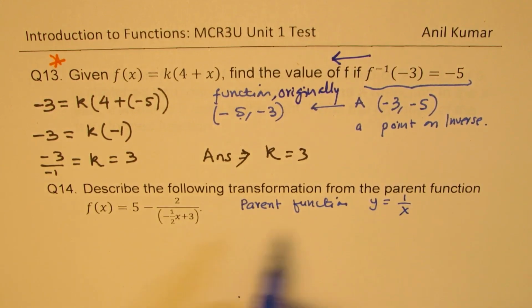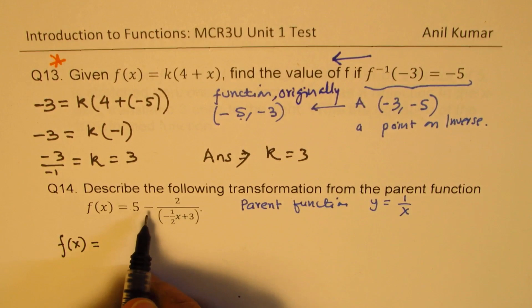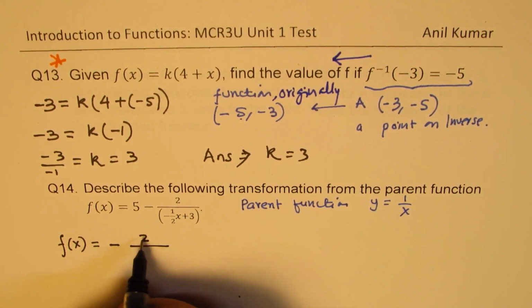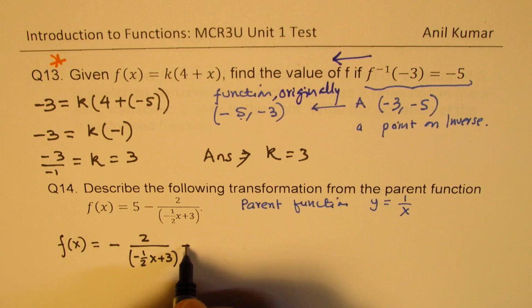With respect to that, we have to describe the transformations. Let me rewrite this function: f of x equals minus 2, I'll associate the minus with the numerator, over minus half x plus 3, and plus 5.